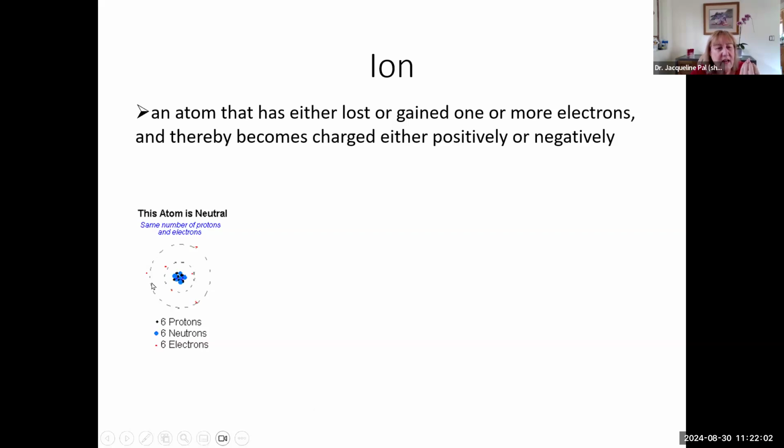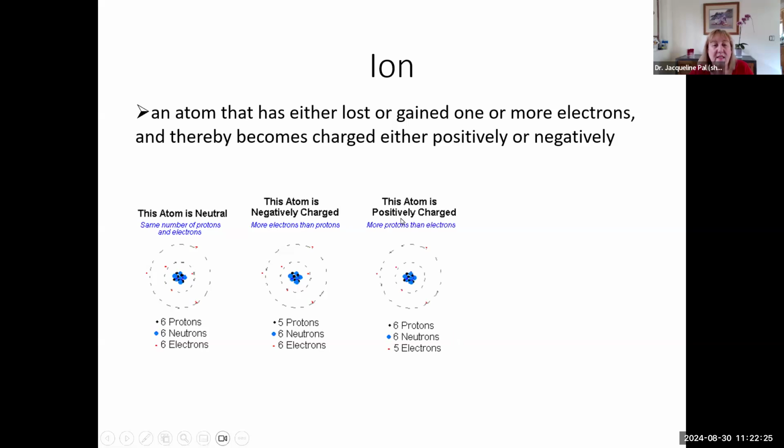So this one right here with 6 protons and 6 electrons is neutral. So it's like Switzerland. It's happy. This ion with 5 protons and 6 electrons is negatively charged, whereas this atom with 6 protons and 5 electrons is positively charged.